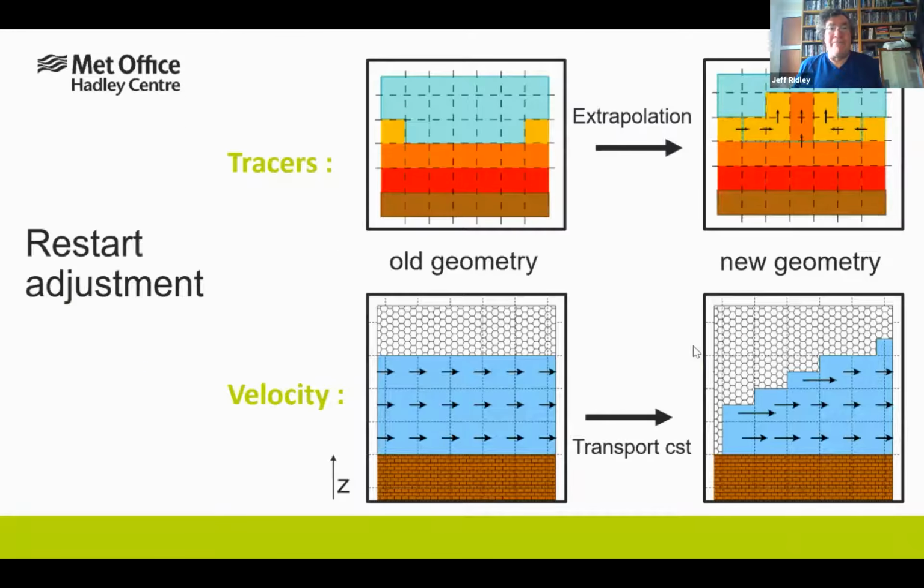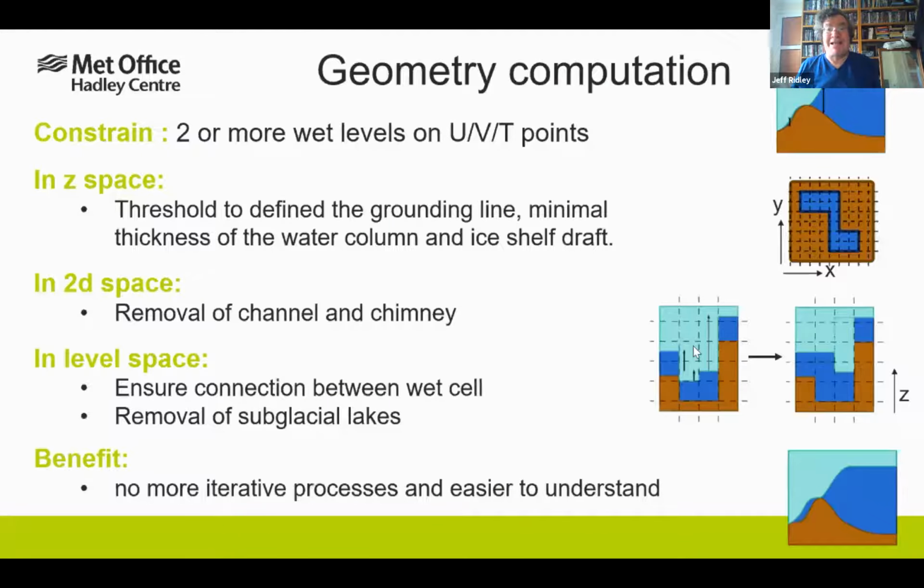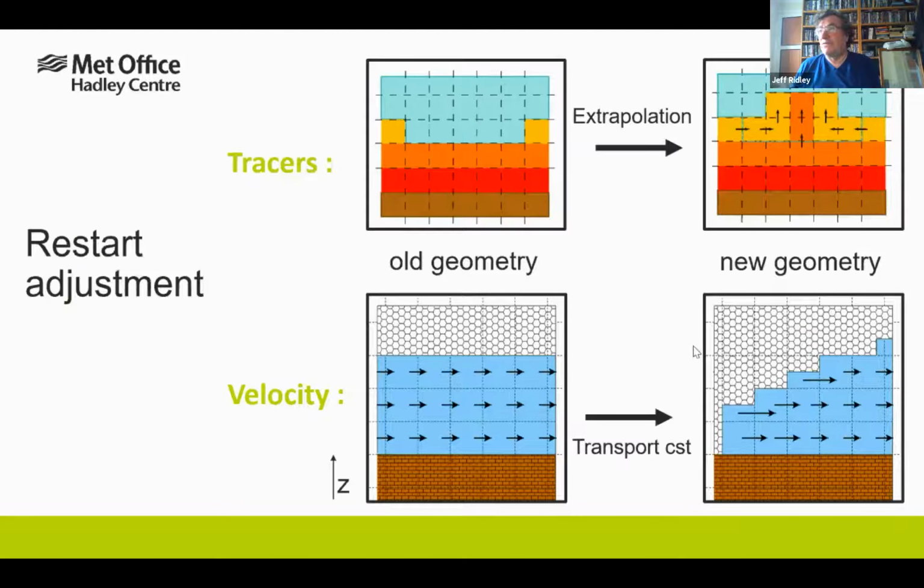Okay, so there also has to be conservation. If you move things around, the mass of the ice sheet must stay the same. So we have to make corrections for that. There are corrections for tracers in the ocean, and then of course the velocity. If you go from one geometry to another, you've got to shift mass from the ocean further out, and so you get faster flow.